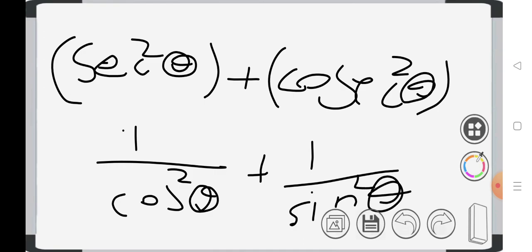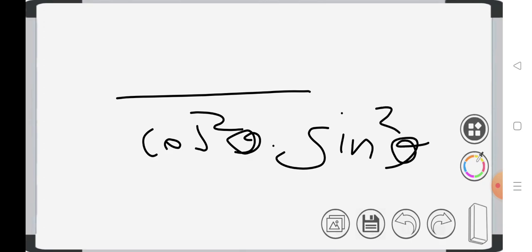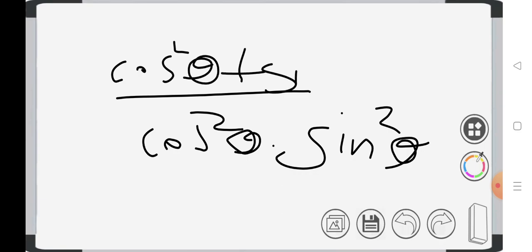Okay, now take LCM here. Cos square theta into sin square theta, you take it as LCM, and in numerator side we will have cos square theta plus sin square theta.